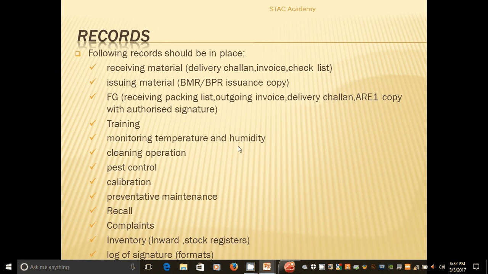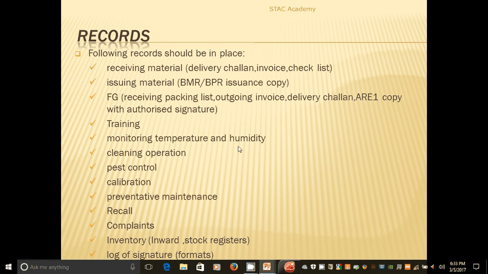As per good warehousing practices, the following records should be in place. Receiving material: while receiving material, you should ensure delivery challan, invoice, checklist.